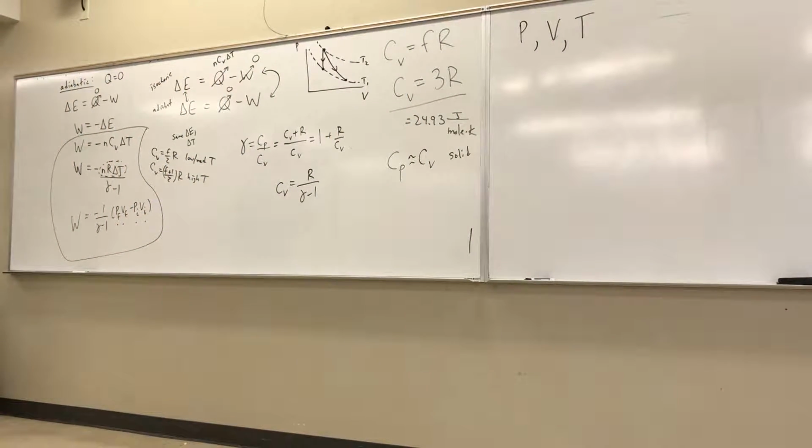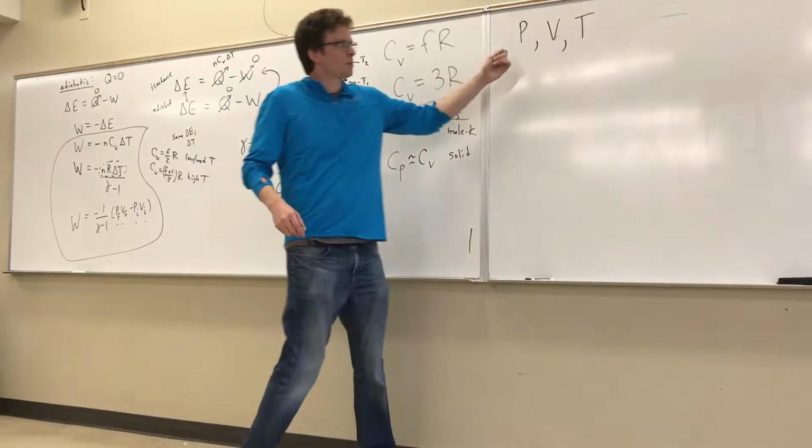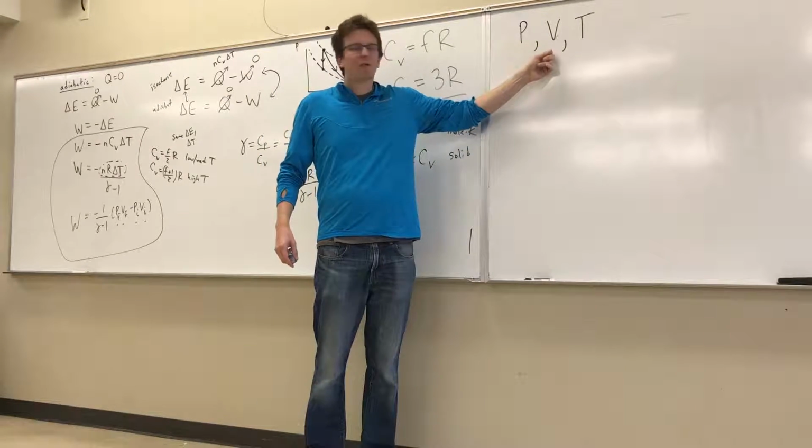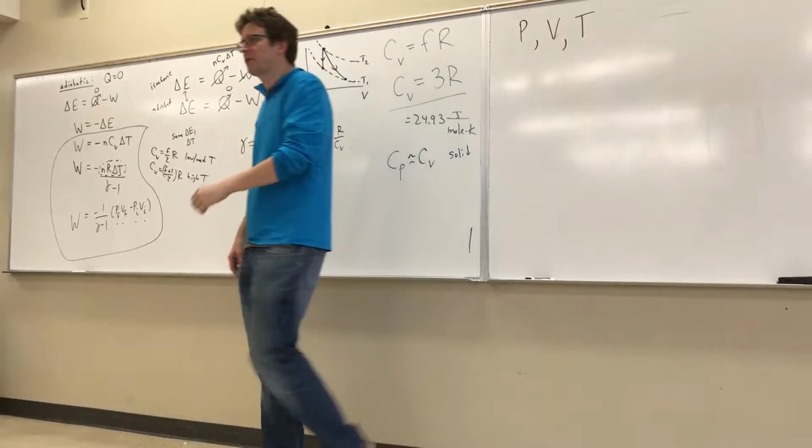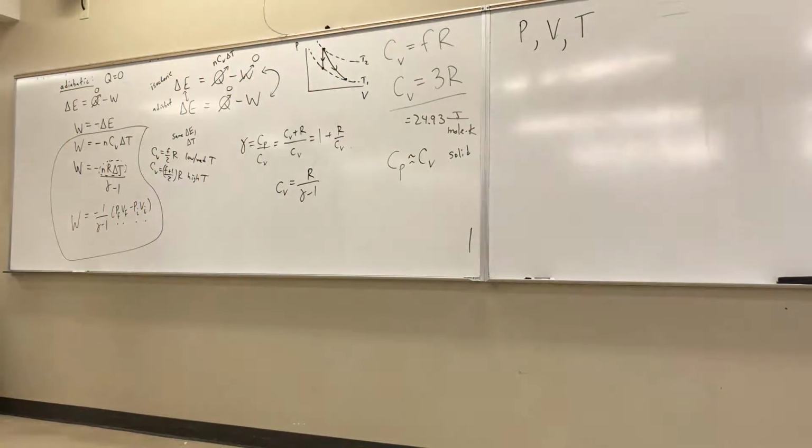We had three processes, each of which took a turn leaving one of those three constant, right? We had the isobaric, which was the pressure was constant, isochoric, where the volume was constant, and isothermal, where temperature was constant. None of these are constant, okay? So we can't come up with something from the ideal gas law where we'd have some ratio of these two being constant. They all change.